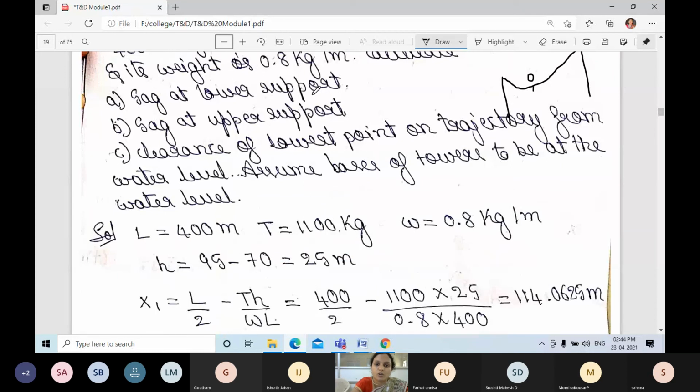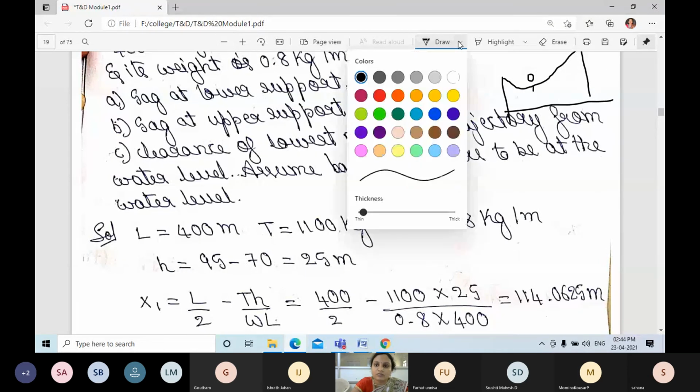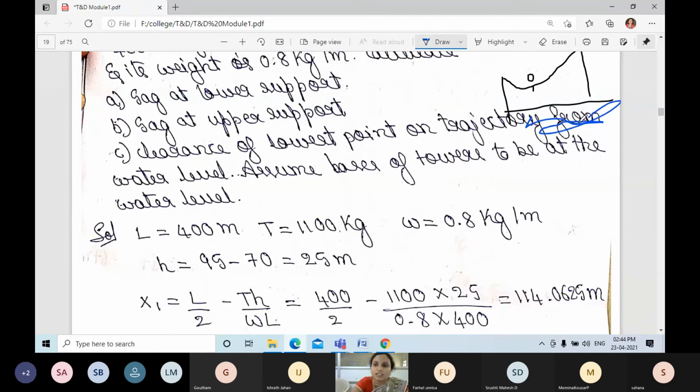Find out sag at lower support, that is sag at A, and next sag at upper support, that is support B, and clearance of lowest point on trajectory from the water level. You think this is the water level, this is all water, and from O to this much distance we need to find out. This is nothing but clearance, that is what they have asked.